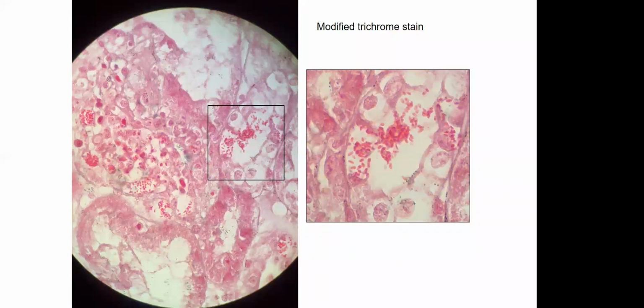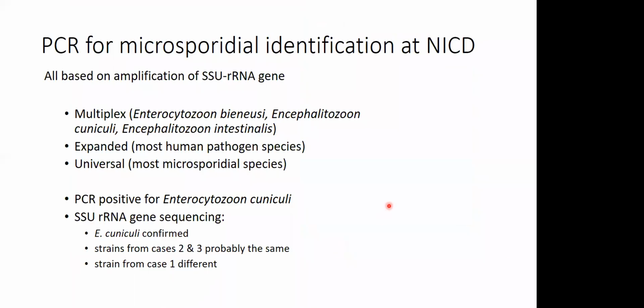So with all these samples, we ran our PCR. Now we've got several PCRs for microsporidial infections, all based on small subunit ribosomal RNA gene amplification. We have a multiplex for the three common species, E. bieneusi, E. cuniculi, and E. intestinalis.